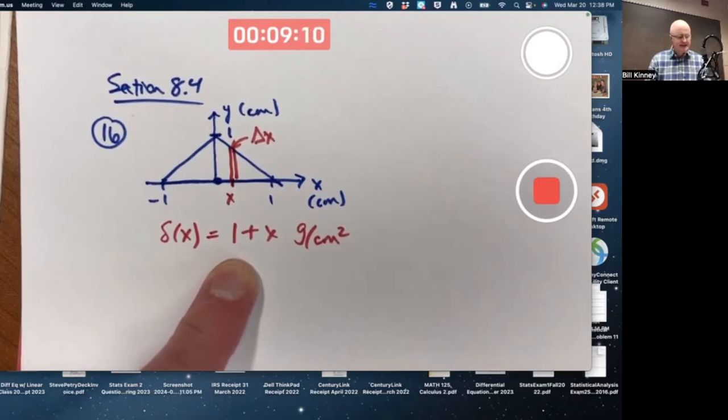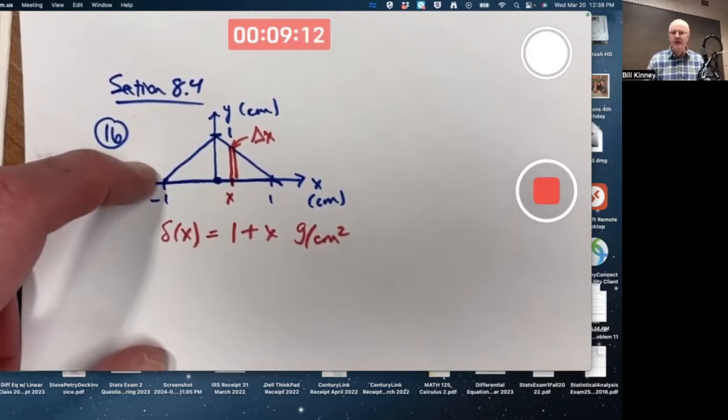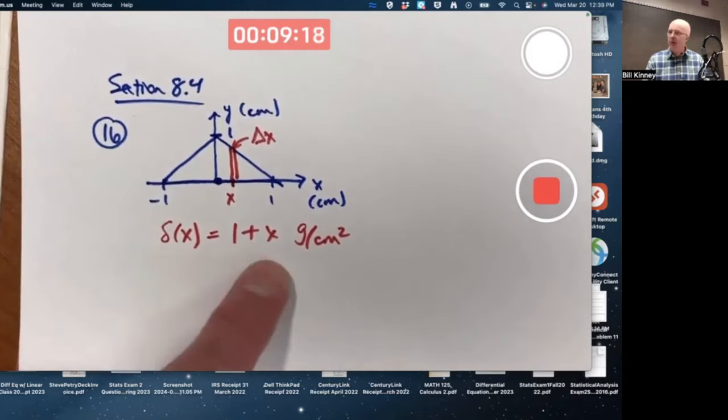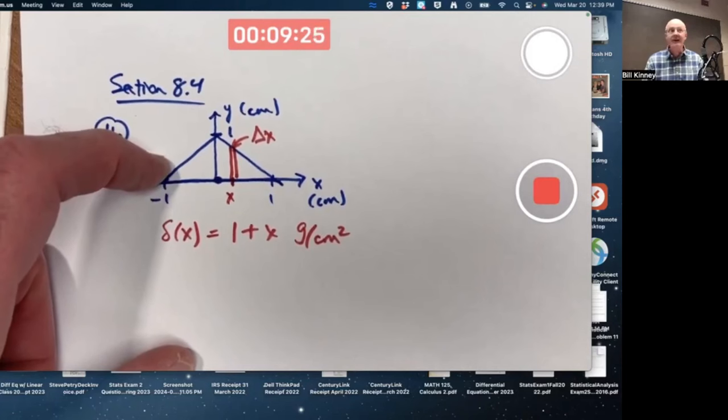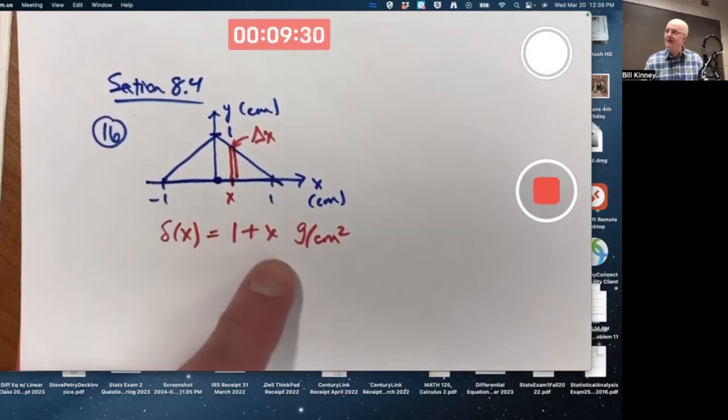Think about this. If you're close to the leftmost point over here, x is close to -1, so the output of this function would be close to 0. It's very tissue paper-like over here, you might say, not very dense. On the other hand, as x gets close to +1, the output gets close to 1 + 1 is 2.